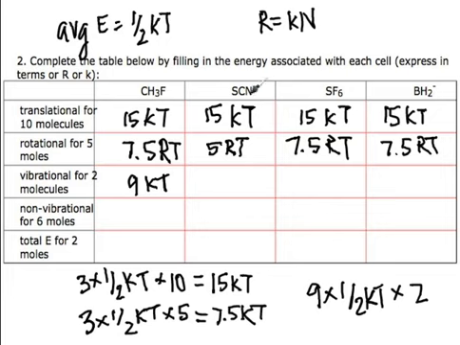For SCN minus, it's linear, and there are 3 atoms, so 3 times 3 is 9. 9 subtracted by 3 translational and 2 for rotational because it's linear is going to leave us with 4. So we're going to have 4 kT.